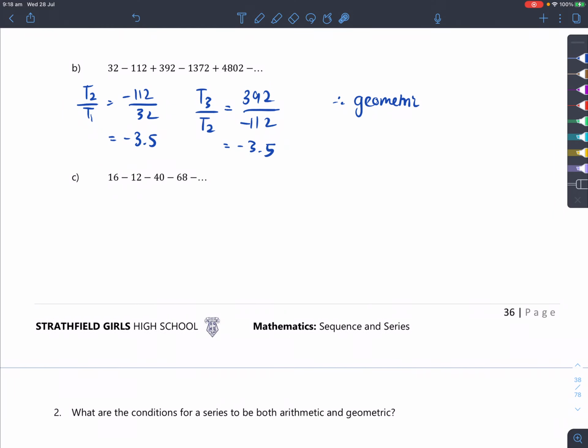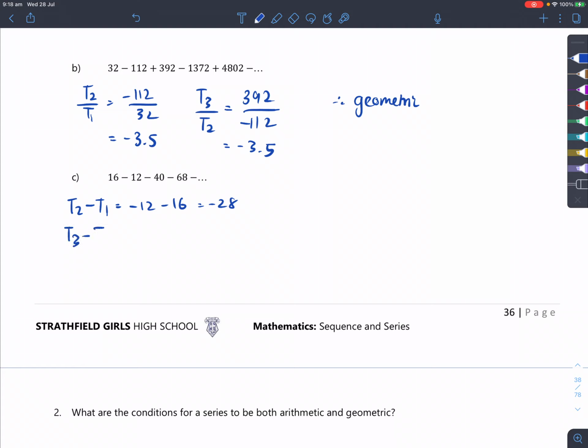Now, for the next one, what will this actually be? It goes 16, then minus 12, then minus 40, then minus 68. Okay. Let's see what the difference is if you get T2 minus T1. It's minus 12 minus 16, which is negative 28. So that's our common difference for the first two terms.